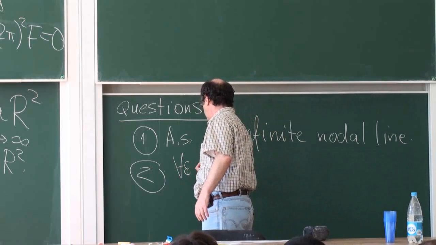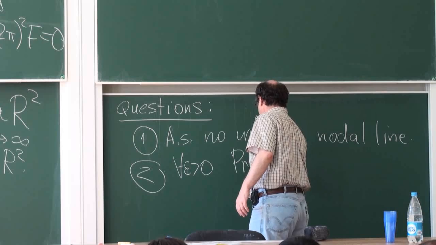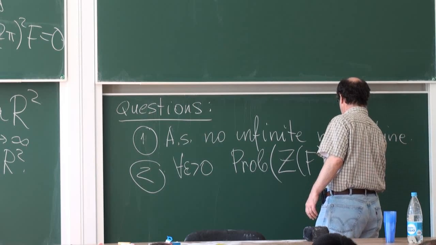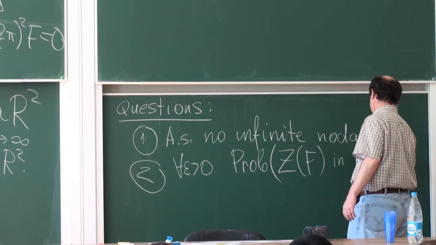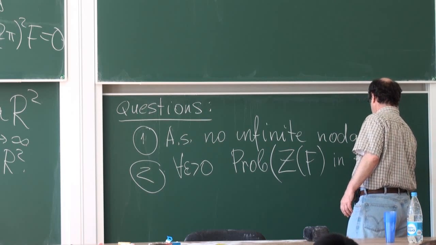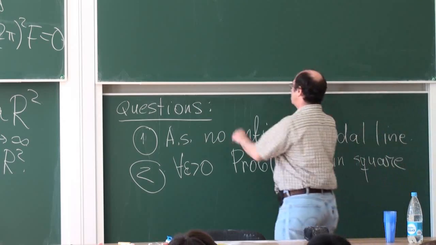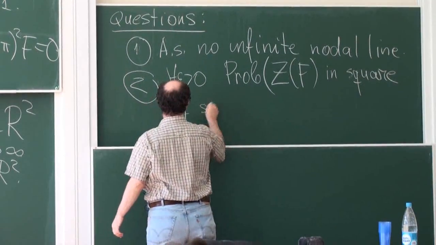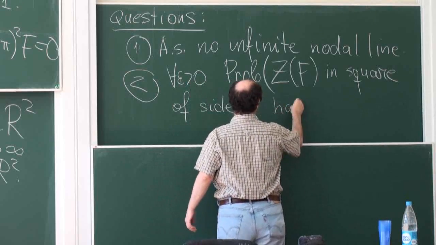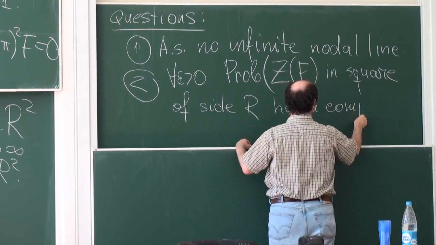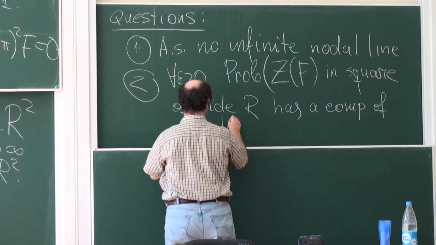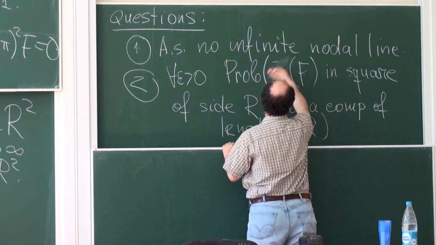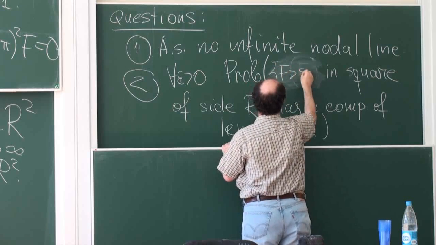For each positive epsilon, the probability that the set, in a square of side R, has a component of length bigger or equal than epsilon R. Not the zero set, sorry, the set where f is bigger than epsilon, I wanted.